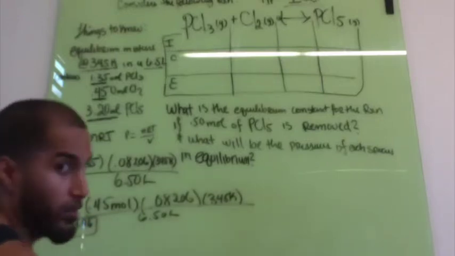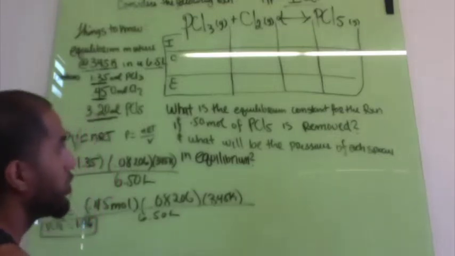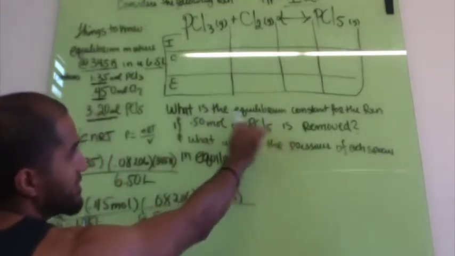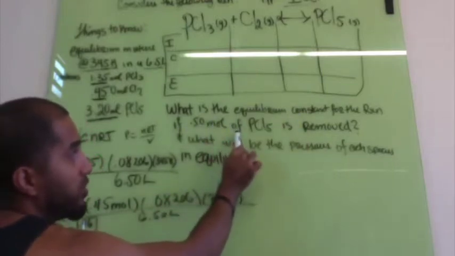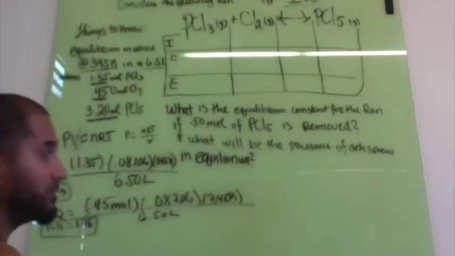Now, for our PCl5, which also, the question states, what is the equilibrium constant for the reaction if 0.5 mole of PCl5 is removed?